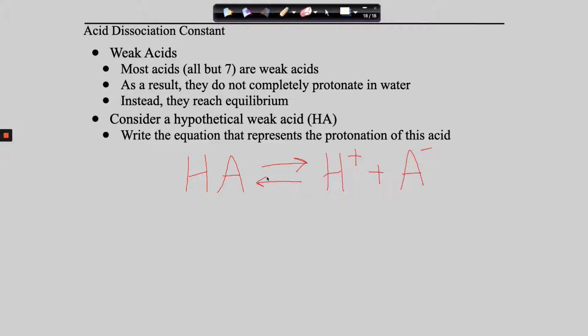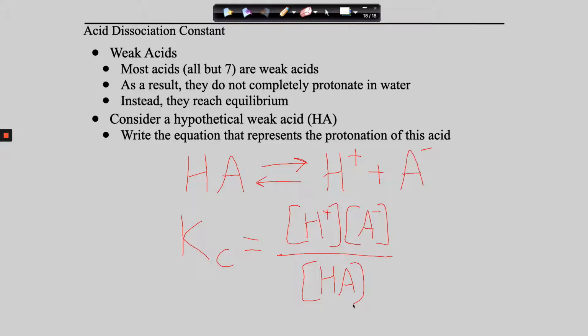Now guys, do this. Down below, write the Kc. So we've got Kc is equal to products, hydrogen ion and A- conjugate base ion, all divided by HA.